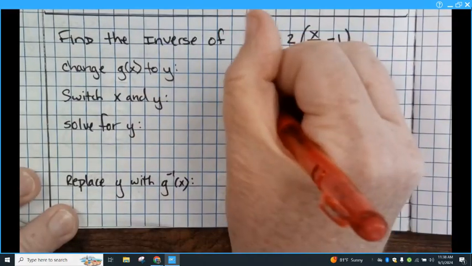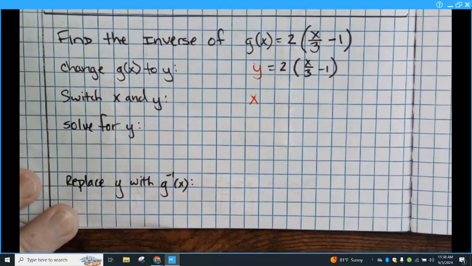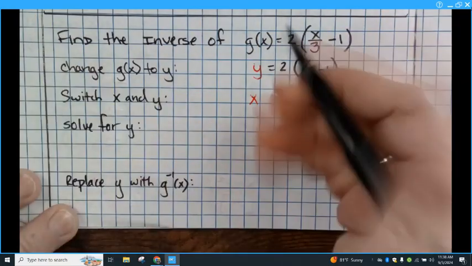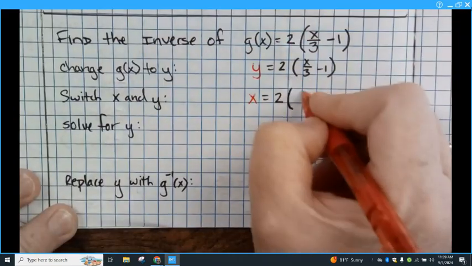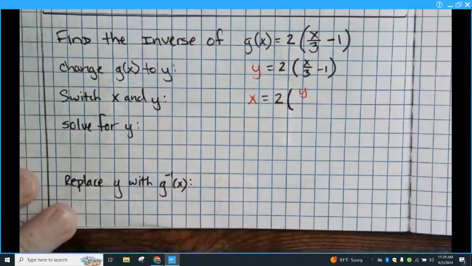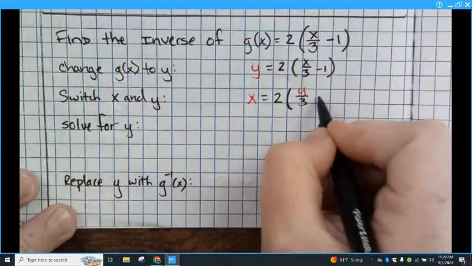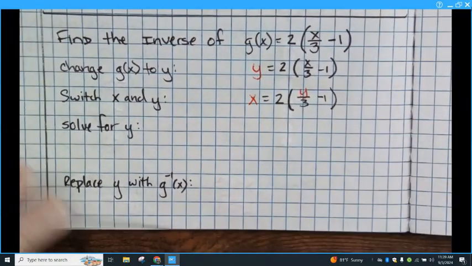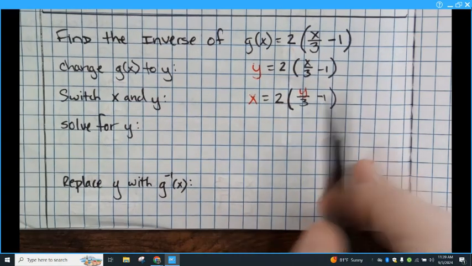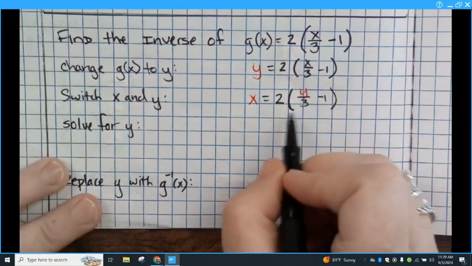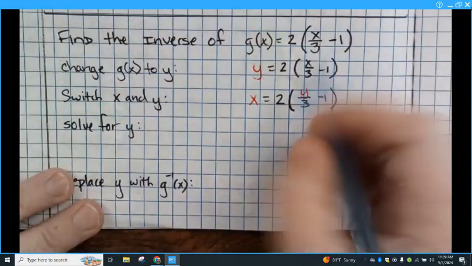So this is now x is equal to 2 times y divided by 3 minus 1. And now we're going to solve for y. To do that, we're just going to undo. So this is 2 times. We're going to divide both sides by 2. I'll do this in blue.